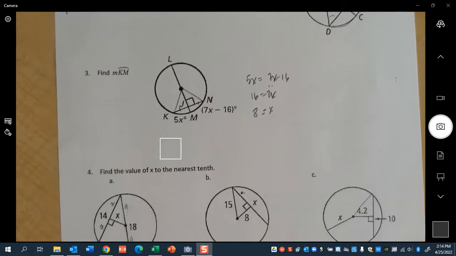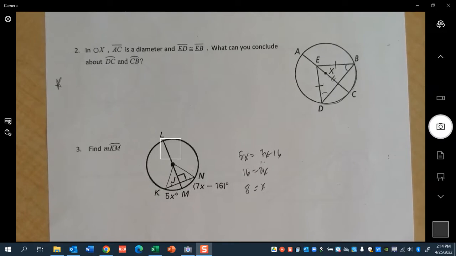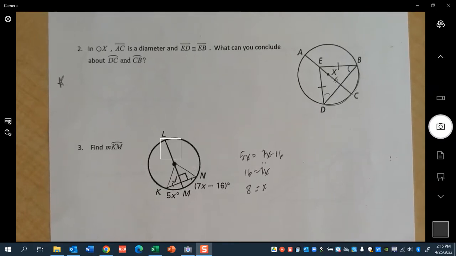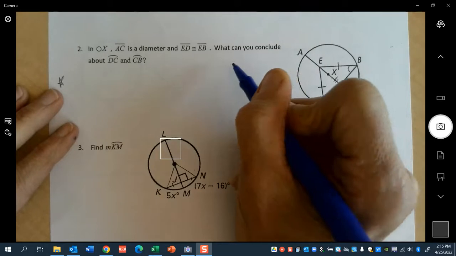I want to talk about 2 because guess what? You can't conclude anything about 2. What can you conclude about those arcs? A big fat nothing. So think about it.